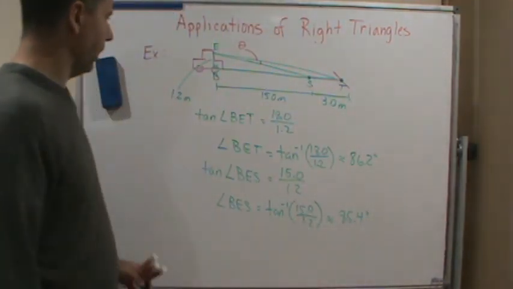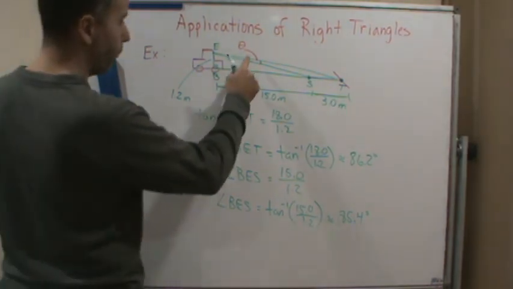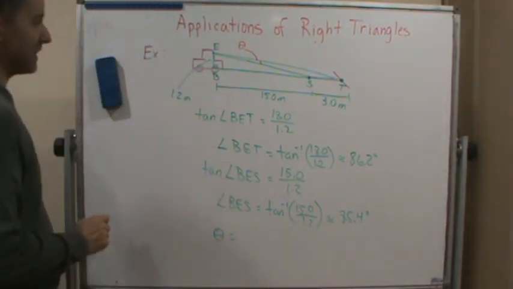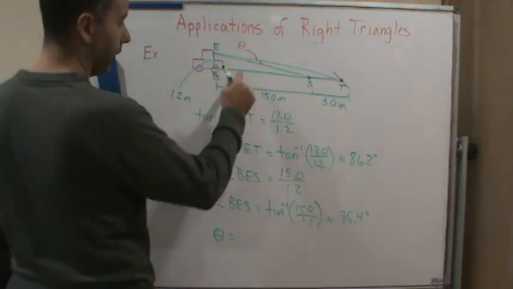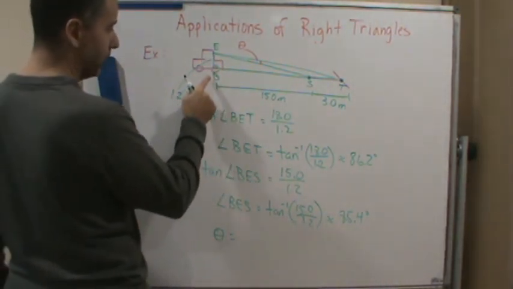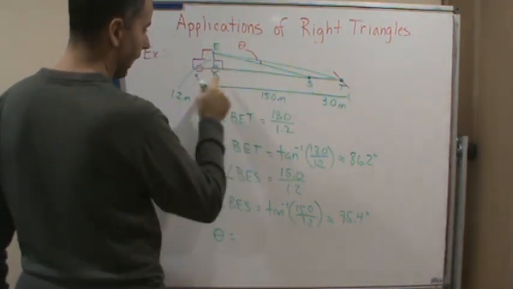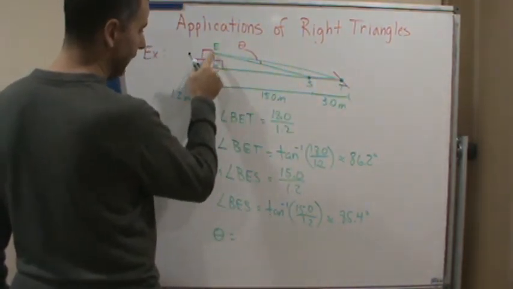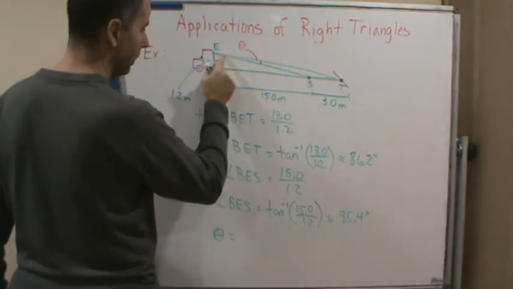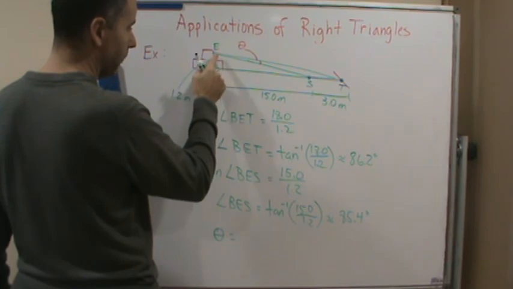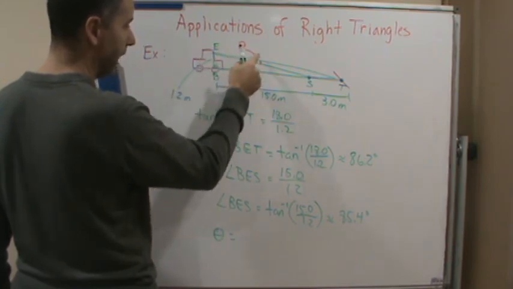Now, I want theta. So what's theta equal to? I just found the angle BET, the larger angle, and then I found the angle BES. If I subtract the smaller angle from the bigger angle, I'll get theta.